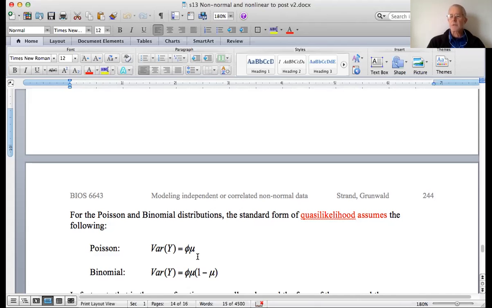Phi is that additional parameter we need to break that bond between the mean and the variance. So what's the problem with that? That should work great. We've got the additional parameter we need. If phi is bigger than 1, we get over dispersion, right? Because then the variance is bigger than the mean. If phi is less than 1, we get under dispersion. The variance is less than the mean. So what could go wrong?